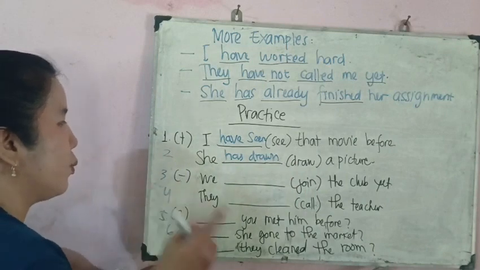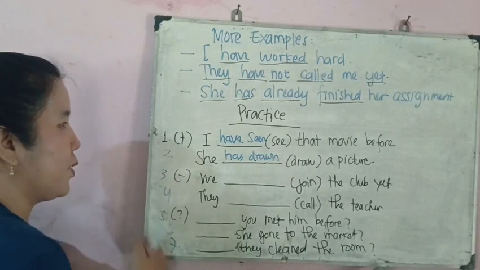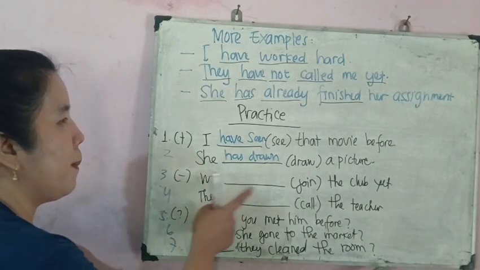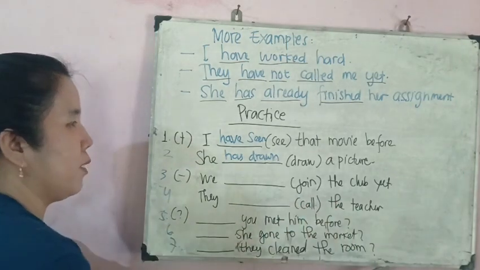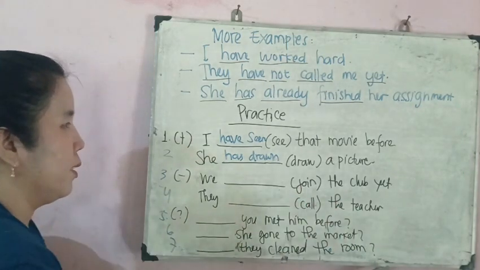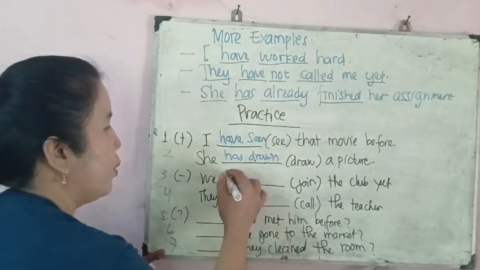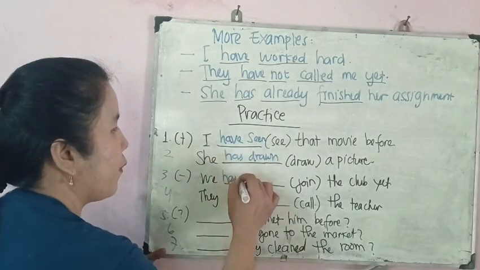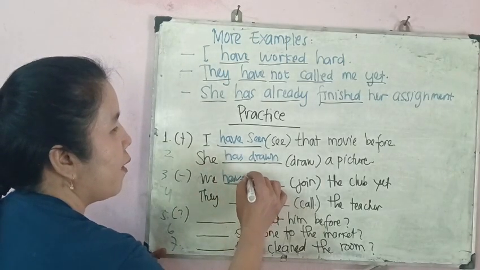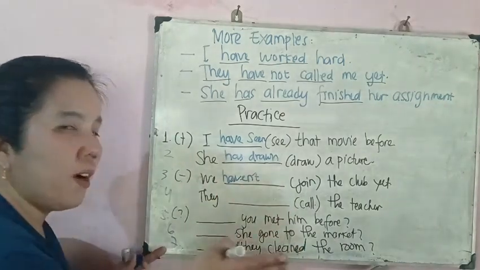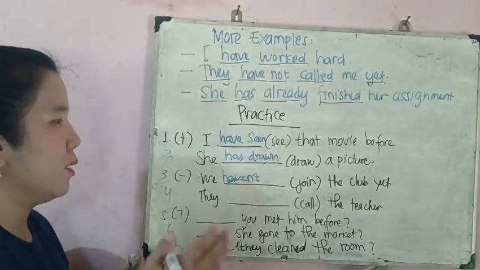Number 3, we make negative sentence. We the club, we have the verb join. Remember this is negative. We put haven't, the short form of have not.